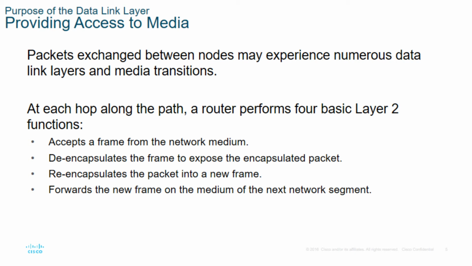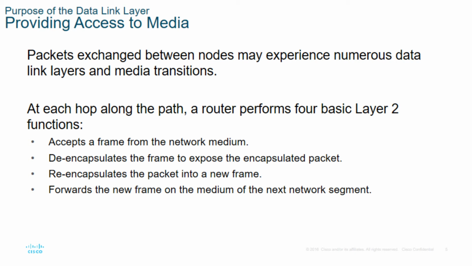Router interfaces encapsulate the packet into the appropriate frame. A suitable media access control method is used to access each link. In any given exchange of network layer packets, there may be numerous data link layers and media transitions.